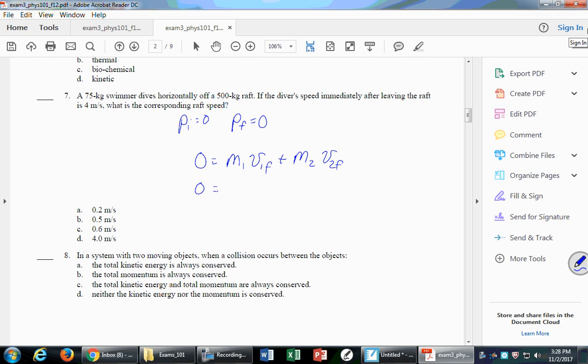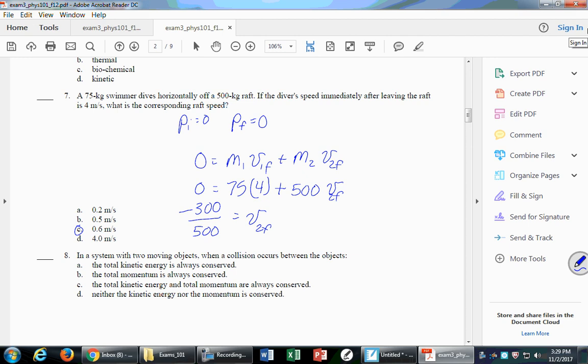So 0 is equal to 75 times 4, that's the speed of the diver, plus 500 times V2f. And you solve for V2f. So negative 300 divided by 500, which is 0.6, equals V2f.